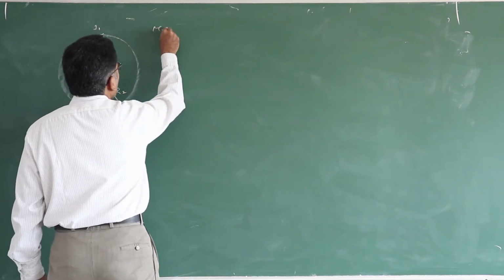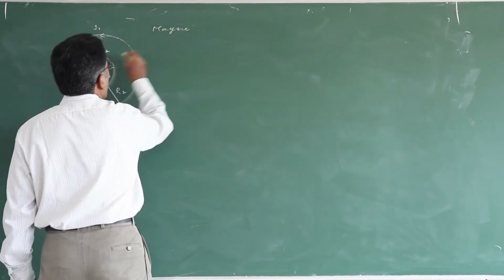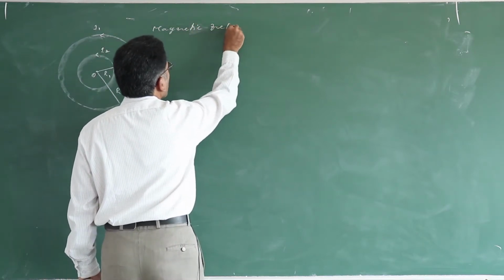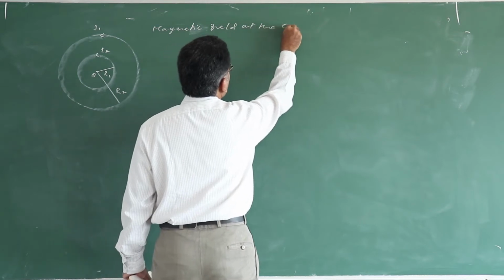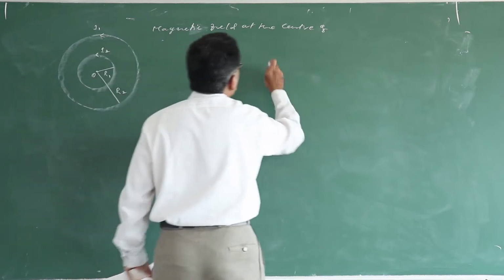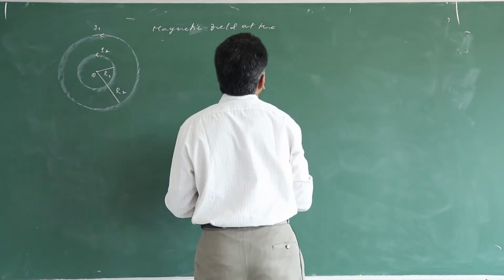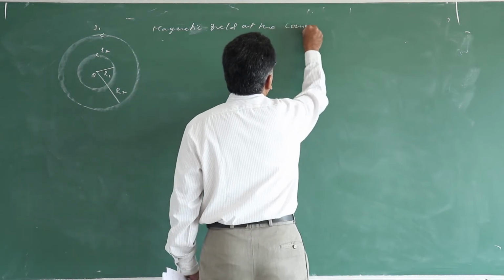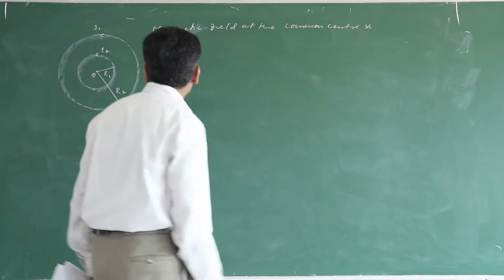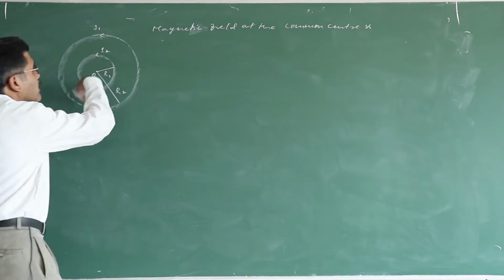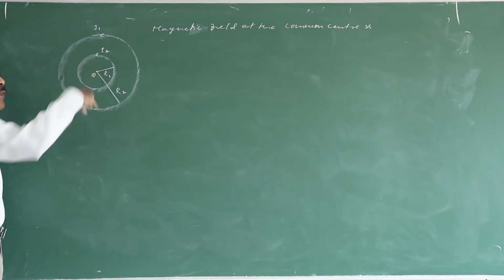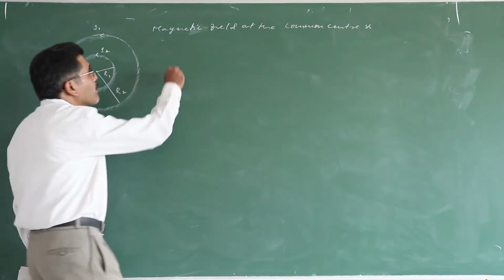So therefore the magnetic field at the center of the coil, at the common center, is... See here, the current is in the clockwise direction, therefore the magnetic field is perpendicular to the plane of the board and into the board, and here the net magnetic field gets added up.